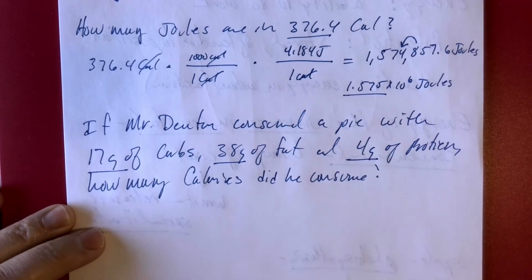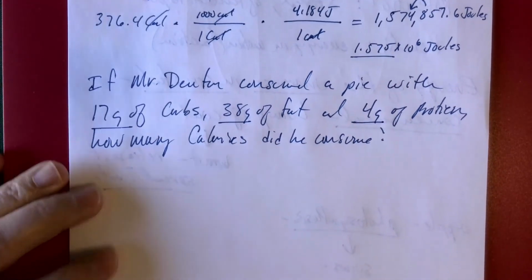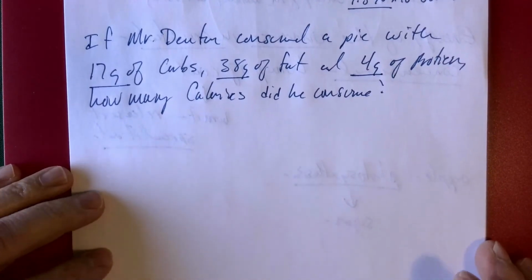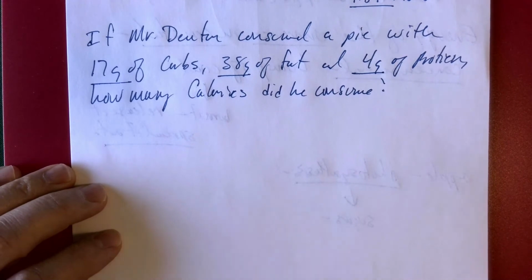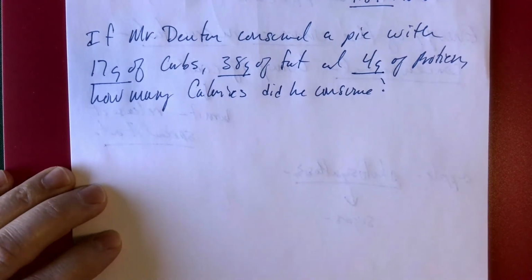How many calories did he consume? I'm going to assume somebody besides Oliver did the Learn Smart. The only reason I know that is because I remembered seeing hers at the end. Anybody know how to do this problem?